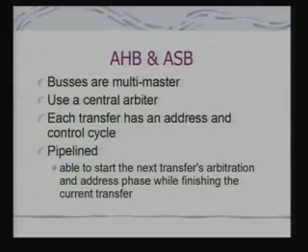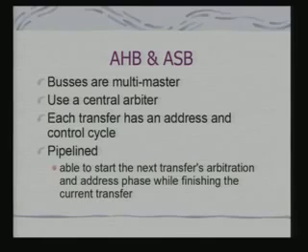These AHB and ASB, which are really the system buses, are typically multi-master buses, and they use a central arbiter. That is, the basic arbitration scheme is based upon a central arbiter block. And each transfer on this bus has an address as well as a control cycle.